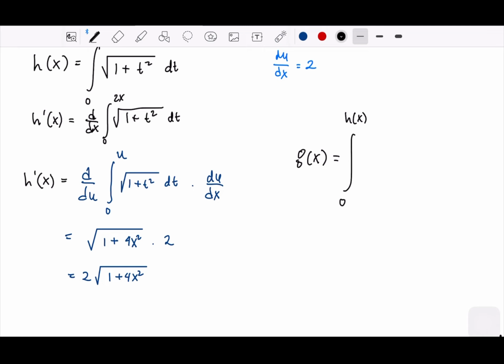Because it will cancel, right? So let's say we have from 0 to some function h of x, and here's the f of t dt. Now if we take the derivative, this will be f of h of x and then multiply with h prime x.